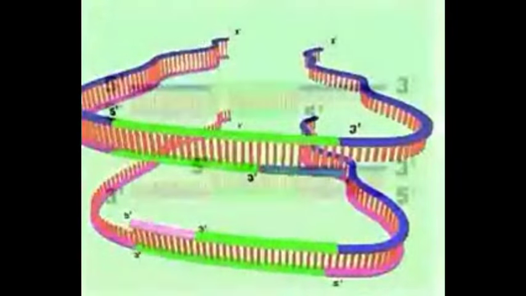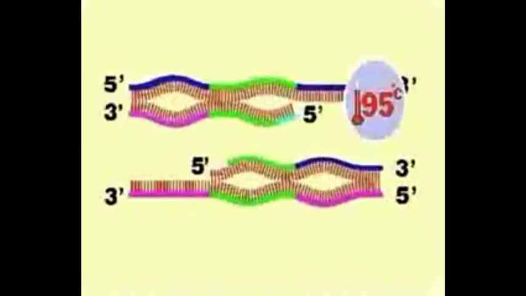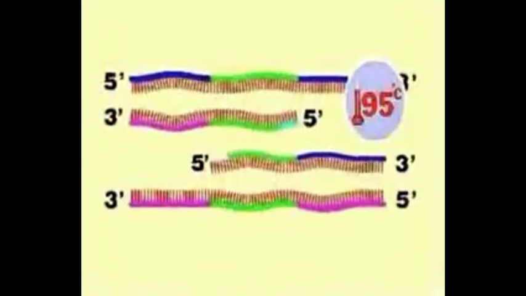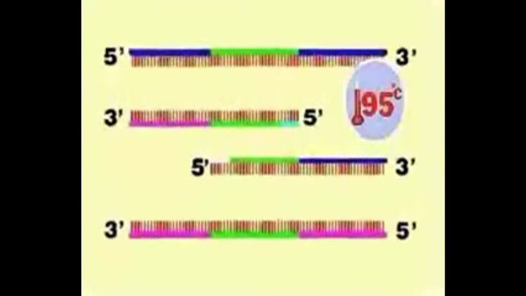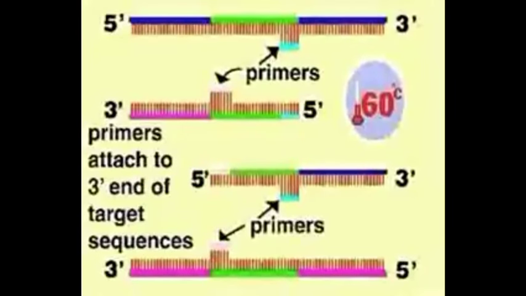In the next cycle, the same steps are repeated. DNA duplexes are again melted by heating to 95 degrees. Since Taq polymerase has the special property of being thermostable, it is not inactivated at this high temperature. The primers anneal to the target when the temperature is lowered, and the target strands are extended by the Taq polymerase.